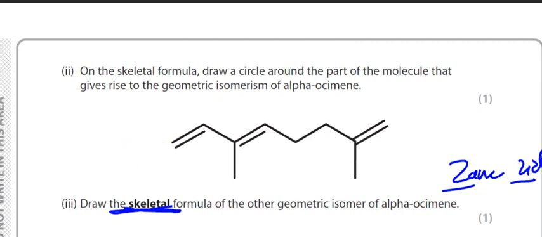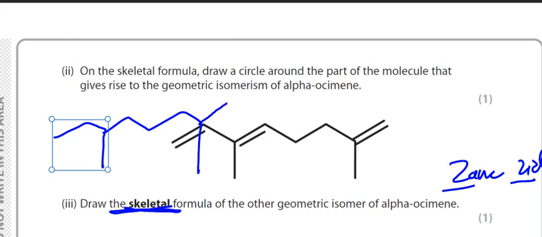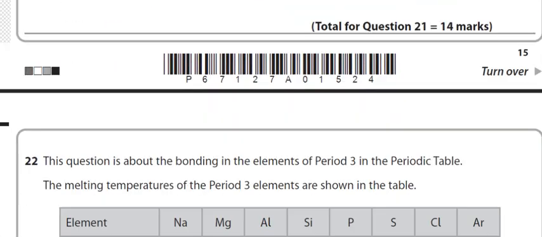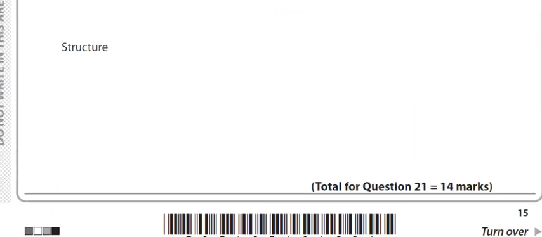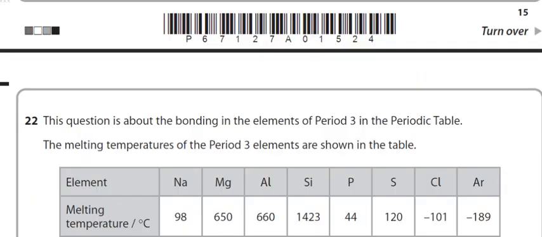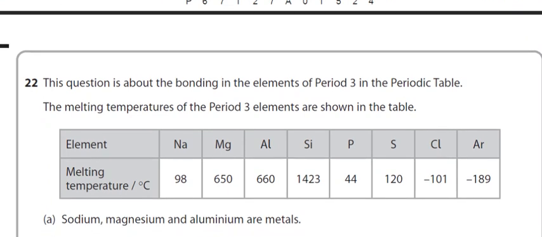I can draw it like this, same thing without the double bond. Here you have a single bond. This will be a single bond. This will be a single bond. This will be a single bond. That's all. Right, that's how you draw the product. Clear? That's question number 21. Clear?